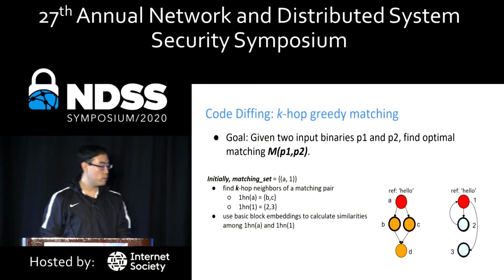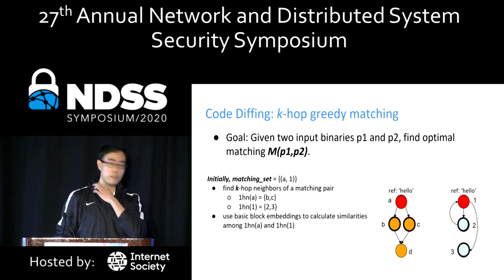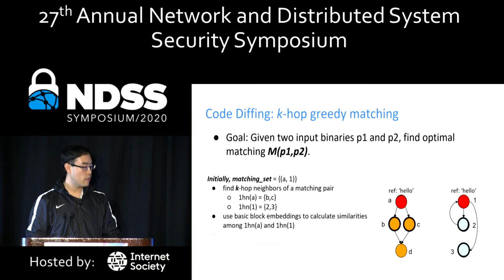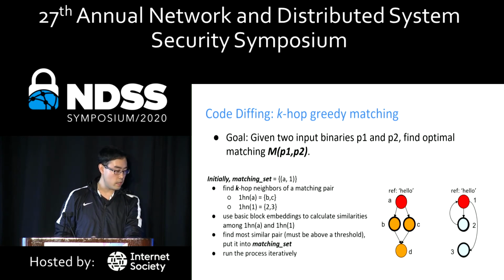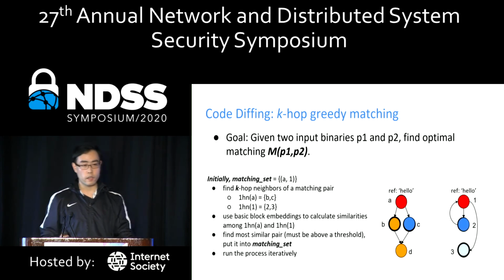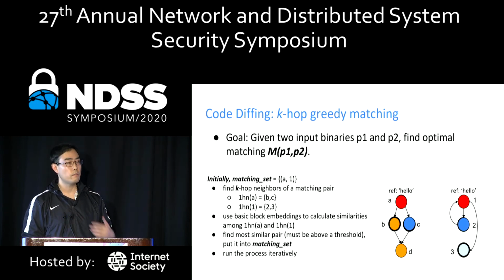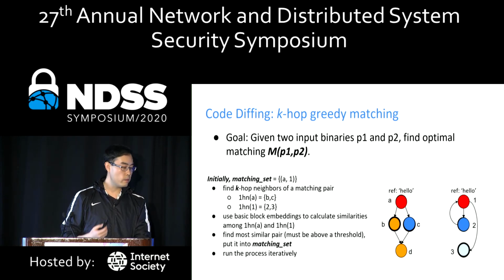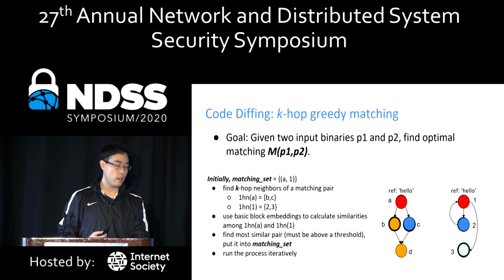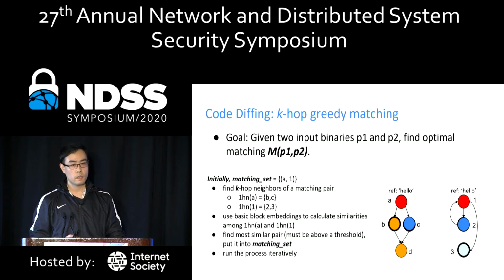And then we try to use the basic block embeddings to calculate the similarities among those neighbors. And let's assume that we find, OK, C and 2 actually have the highest similarity, and it's above our threshold. We have to predefine the threshold. And then we put them into the matching set and iterate the process.